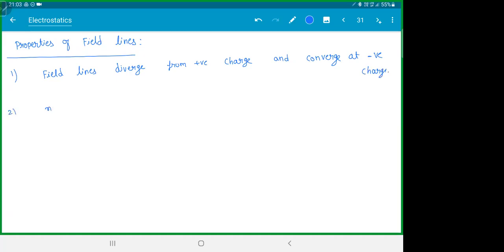The number of field lines is proportional to the charge. This was a question I asked, I think in BITS or SEED, I don't remember where. We have a charge Q1 here, and a charge Q2 here.